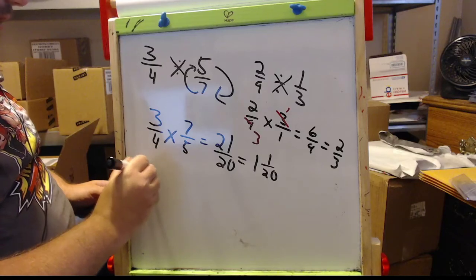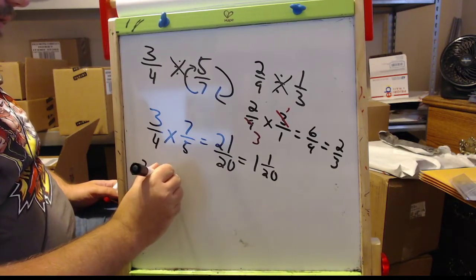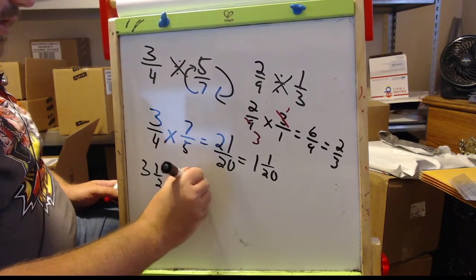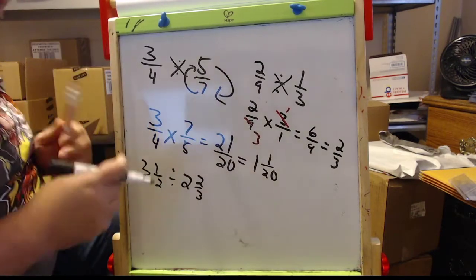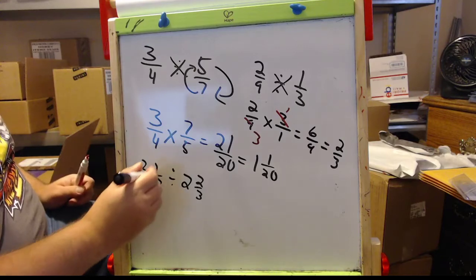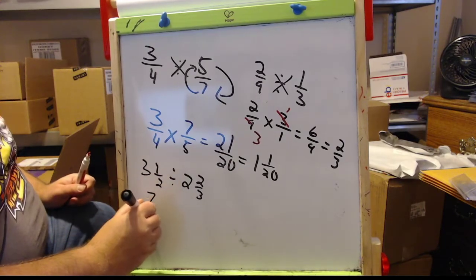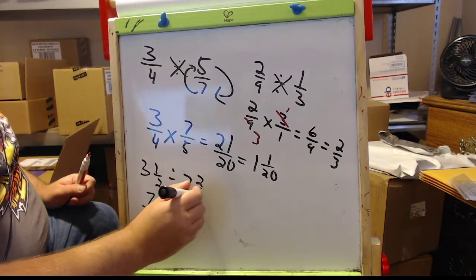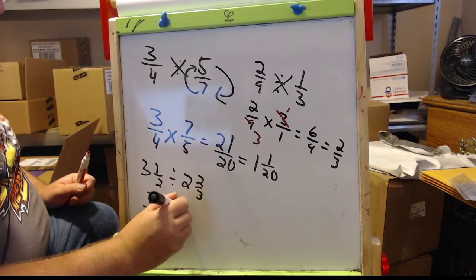Well, what if I had 3 1/2 divided by 2 2/3? Here, what I like to do is get them into improper fractions. 2 times 3 plus 1, 7/2, divided by 3 times 2 is 6, 8/3.